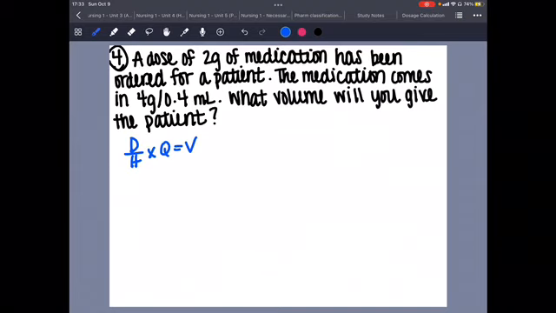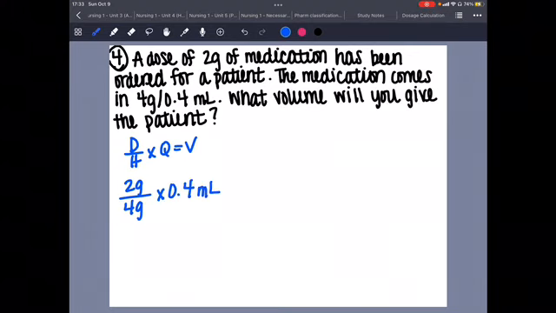So I'm going to do the desired over have one first, like the same method we've been going through. So your desired is 2 grams. That have, which is this, is that 4 grams. And then you have 0.4 mLs.